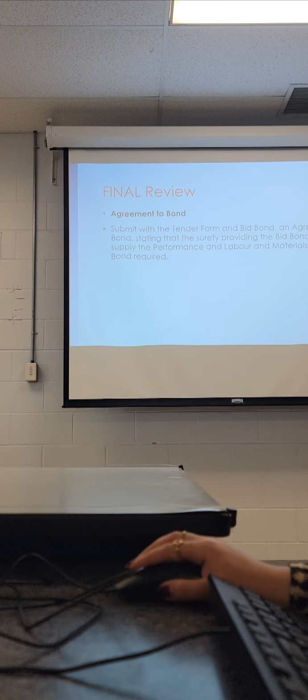So if I said a bid bond of $10,000 is required, that means for me to accept your bid, you're giving me a certified bond, a check from your insurance and bank, for me to be able to cash in that $10,000 if for any reason you back out.